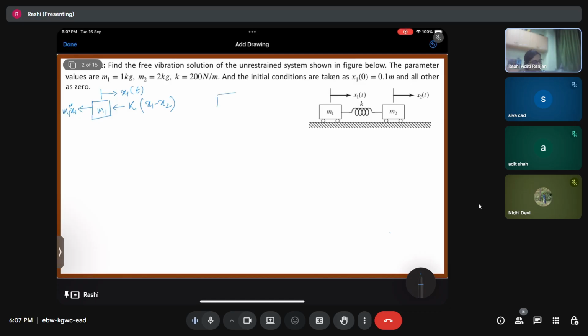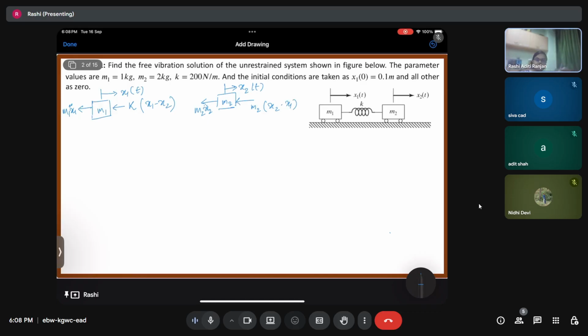Similarly, for mass m2, we have x2 of t, inertia force m2 x2 double dot, and then spring force, which is going to be k times (x2 minus x1). So the equation of motion is going to be, now you see over here there's no forcing, right?